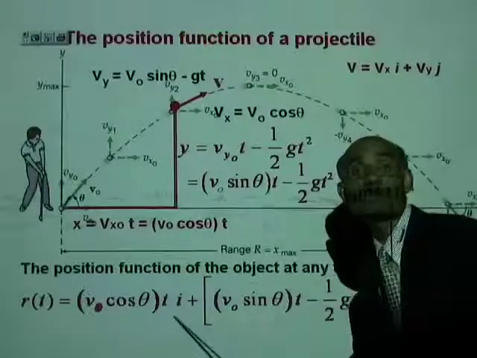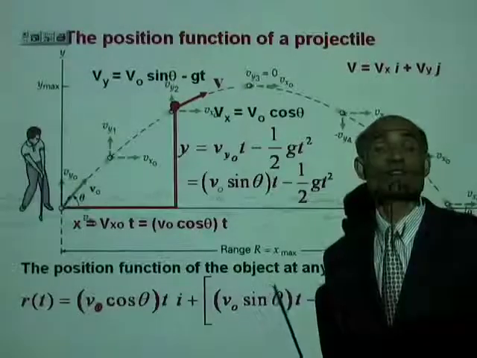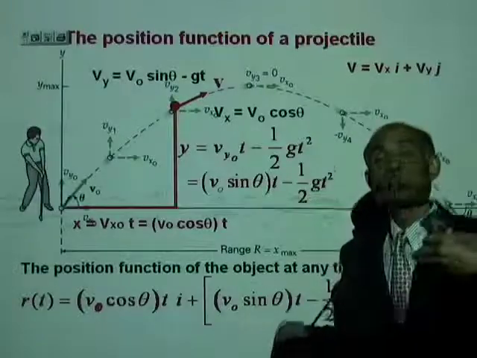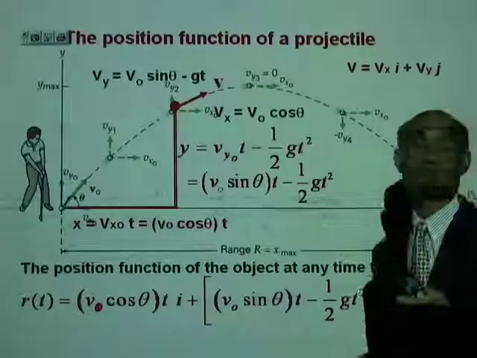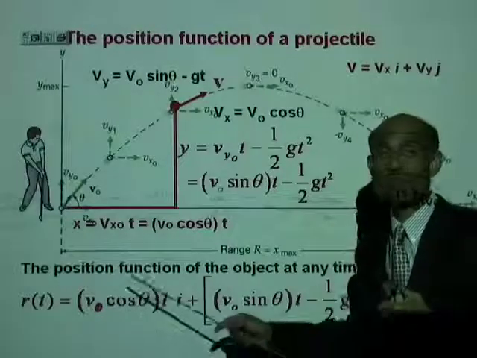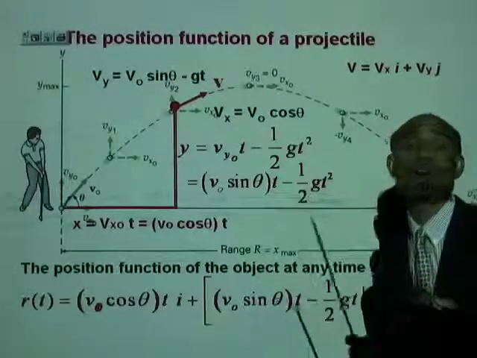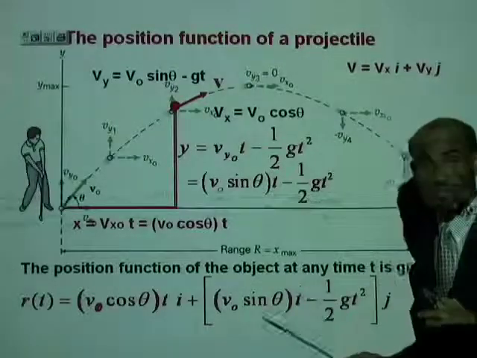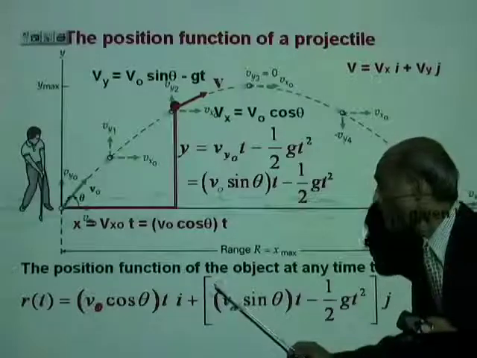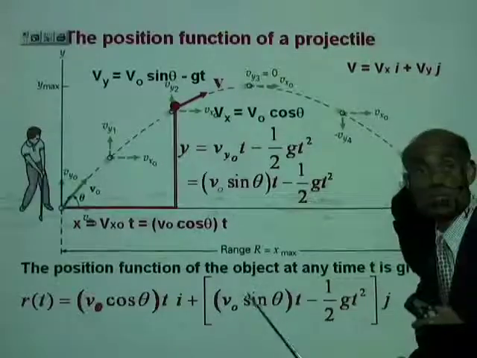Once you know the position function, it will help you to solve any type of problem in projectile motion. You must understand the meaning of this projectile motion. Now let me ask you here, this is the y position, is that right? Yes.